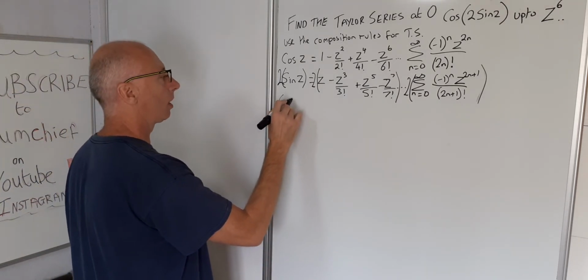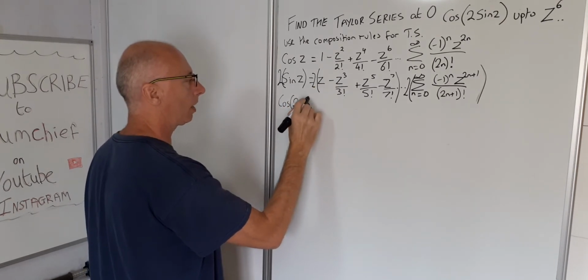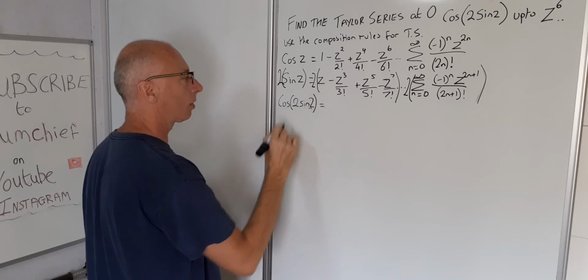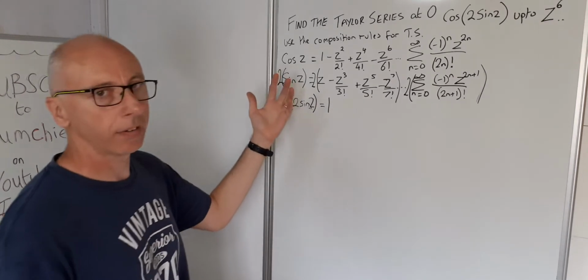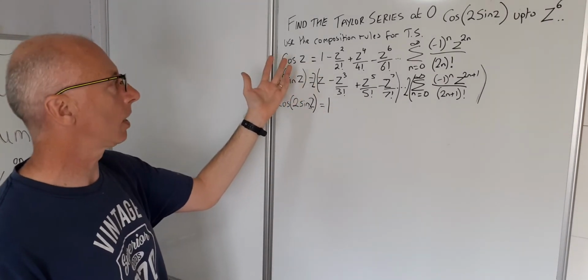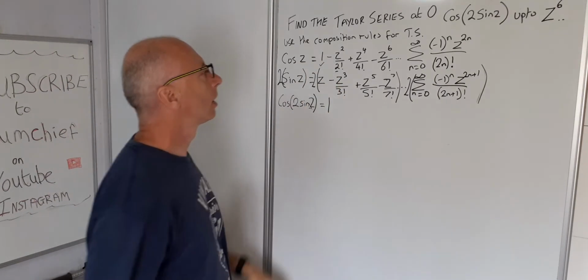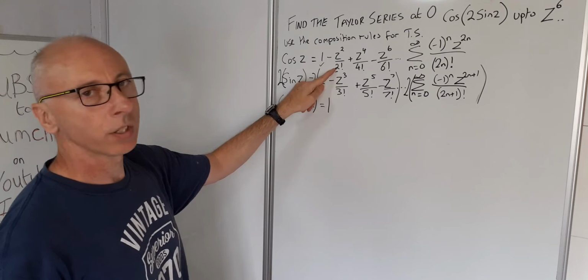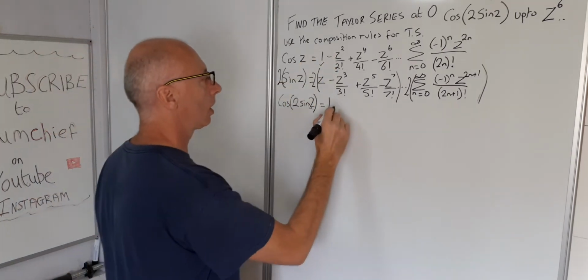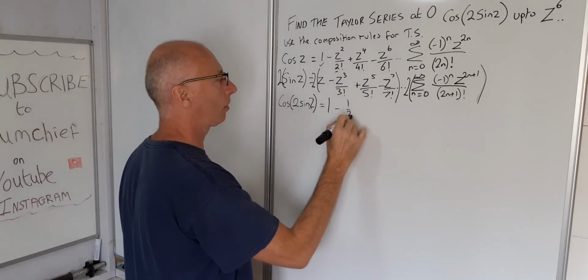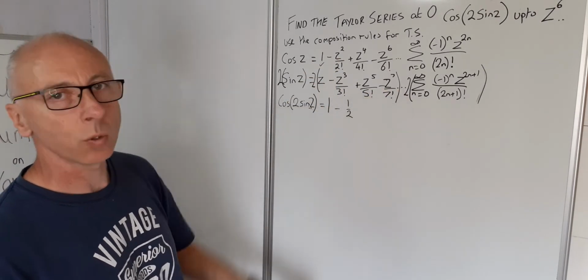So cosine 2 sine z, just write that z a bit clearer, that equals, so we put the 1 in, so that takes care of it. That's simple, there's no z involved, so we just leave it as it is. So now we'll go for this term, so this term done. So now we're here, z squared over 2 factorial, well the coefficient is 1 over 2 factorial, so we'll just put a half, that's minus 1 half. And then we want z squared, so we want this squared.